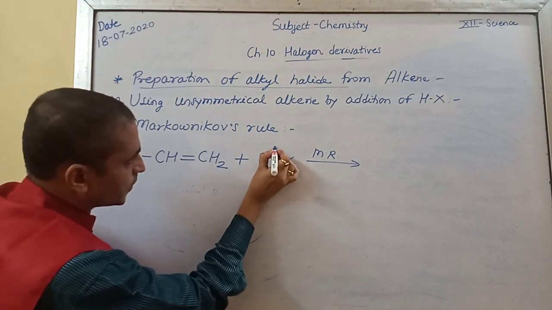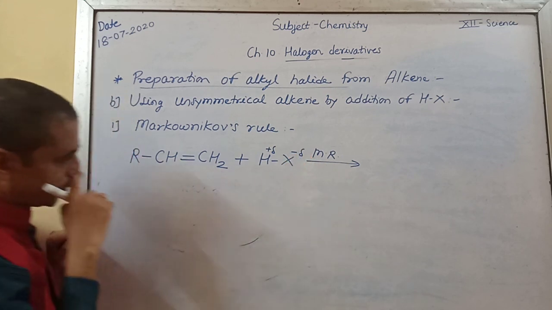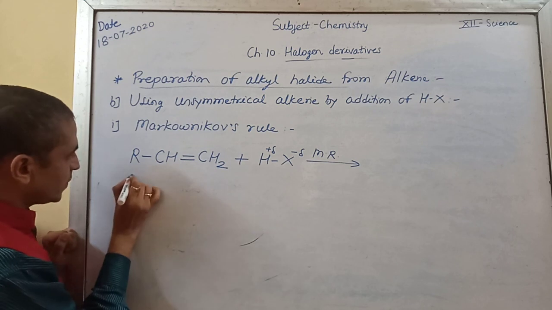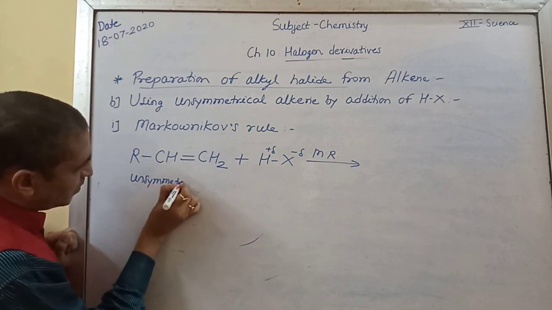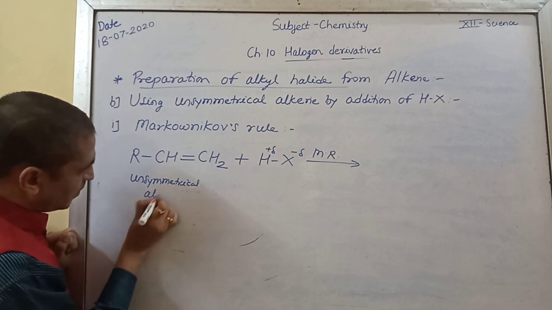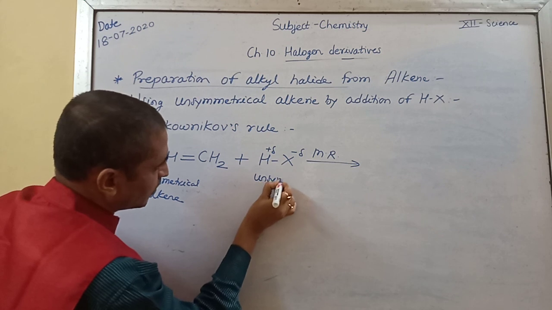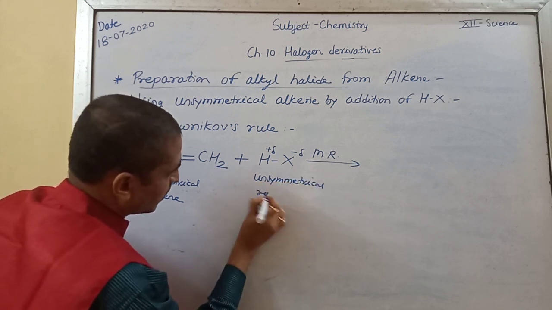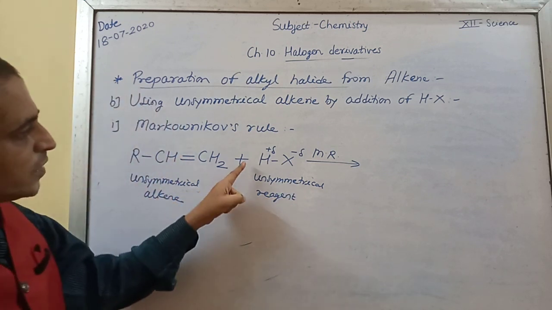First of all, see, it is having partial positive charge, it is having partial negative charge. When an unsymmetrical reagent is added to an unsymmetrical alkene, why is it an unsymmetrical reagent?